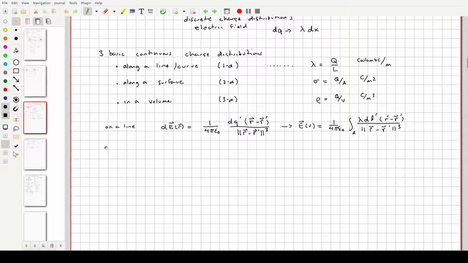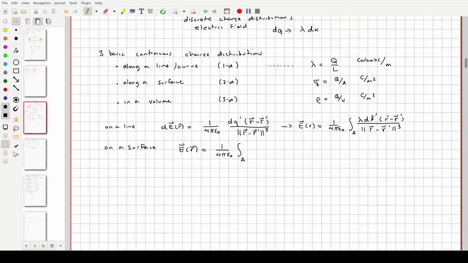So on a surface, your electric field would look like 1 over 4 pi epsilon naught. Now you're doing a double integral. This time it would be over an area. I'm just going to acknowledge the fact that it's a double integral.